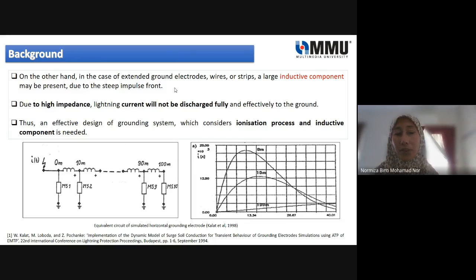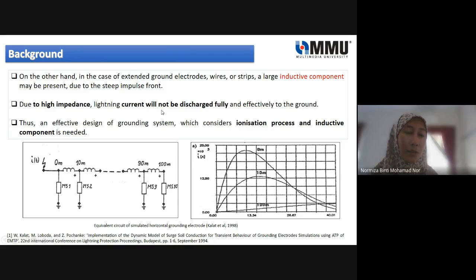If we convert it into frequency, it is a very high frequency in the megahertz range. This range of values gives a large inductive component in the earthing system. Due to the high impedance from the inductive component, lightning current may not be discharged fully and effectively to the ground.